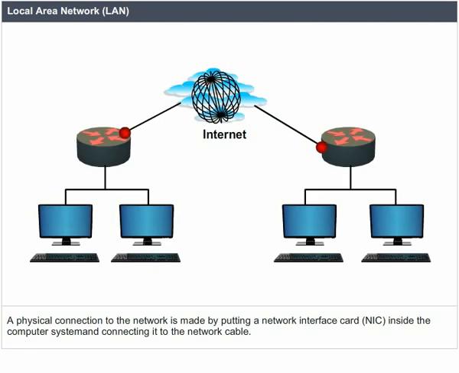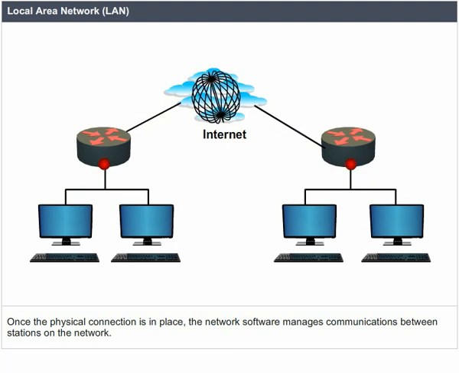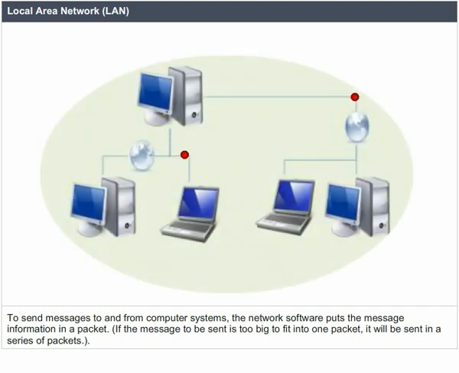A physical connection to the network is made by putting a network interface card inside the computer system and connecting it to the network cable. Once the physical connection is in place, the network software manages communications between stations on the network. To send messages to and from computer systems, the network software puts the message information in a packet.